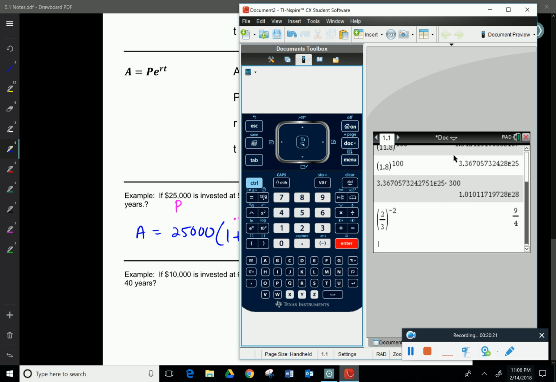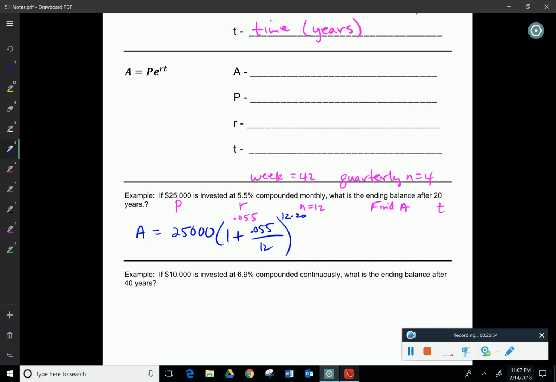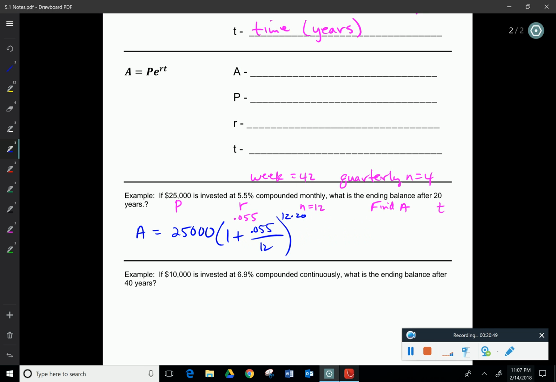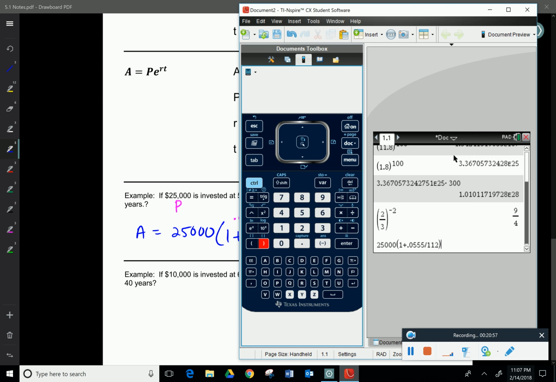Okay? And if I'm trying to solve for A, you can just type this in all in one step. So let's see. I'm going to put in 25,000. And then in parentheses, I'm going to put 1 plus 0.055 divided by 12, close parentheses. And then the whole thing is being raised to the NT. I think it would be easier to just do the multiplication in our head. 12 times 20 is 240, so I'm just going to raise it to the 240.